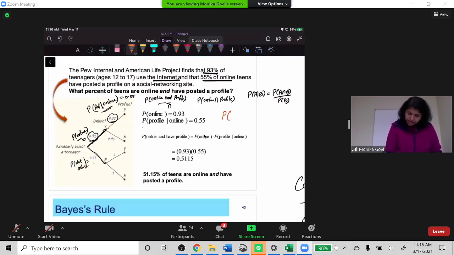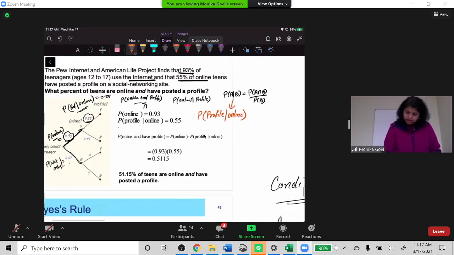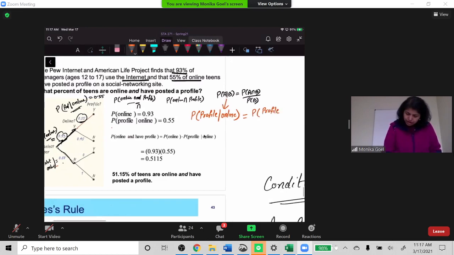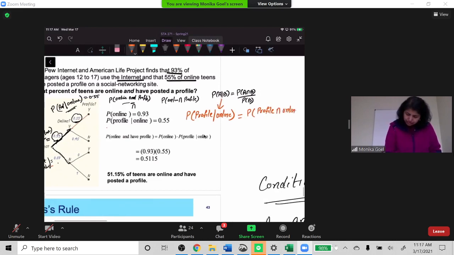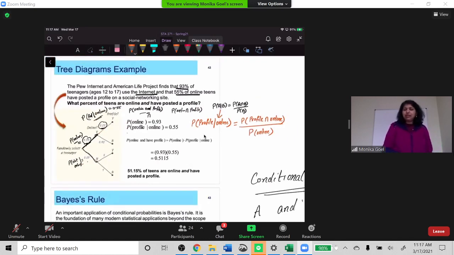The students posted a profile given that they are online. So this is my this part. And this is the probability of posting a profile and they are online. And B is my online. So I just use the same formula and see what is given to me in the question. According to that, I plug that profile given online. A is my profile, B is online, and then I plug in the formula.